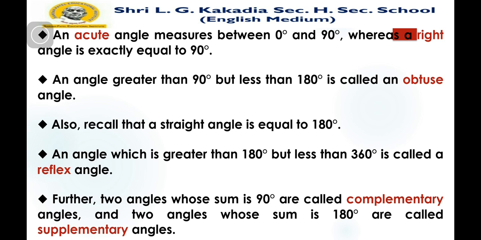And two angles whose sum is 180 degrees are called supplementary angles. If we take two angles and their sum is 90, then they are complementary, and if the sum is 180, then they are supplementary angles.